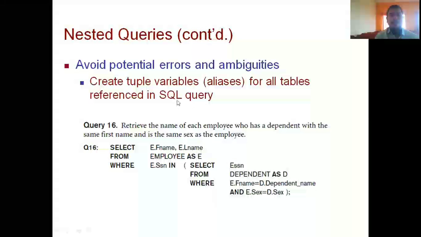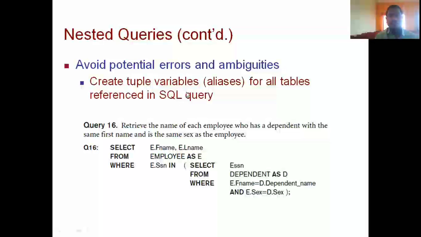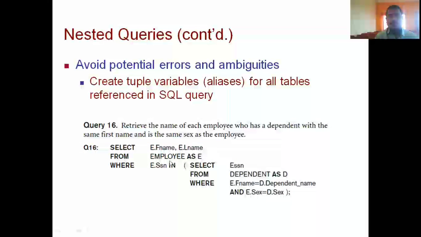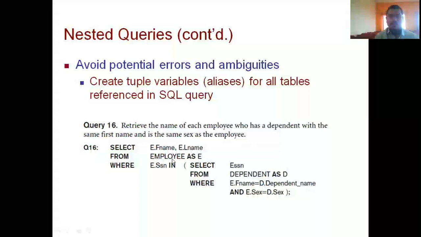Next is to create tuple variables, meaning references or aliases for all tables referenced in SQL queries. This is one of the potential errors to avoid, and you can say it is an ambiguity. So let us take one example for employee. Consider the reference name, or you can say table name, using the dot operator.